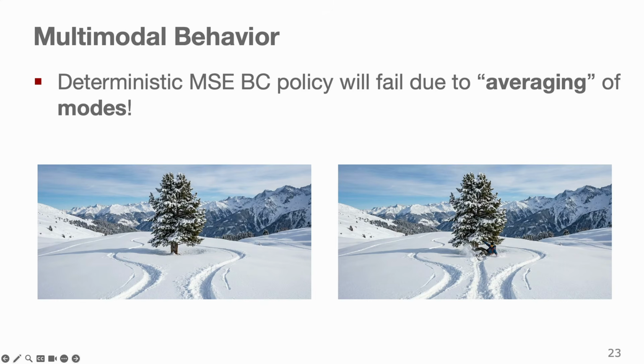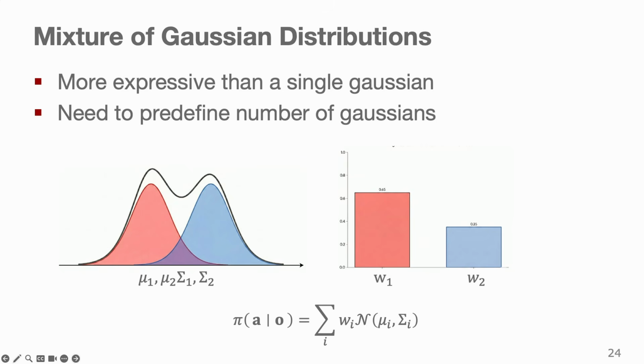So what can we do about this? If standard regression to a single point fails because the average is inconsistent with the expert data, we need a policy that can represent multiple valid peaks of action, or modes. One way, our first idea, is using something like a mixture of Gaussian distributions.